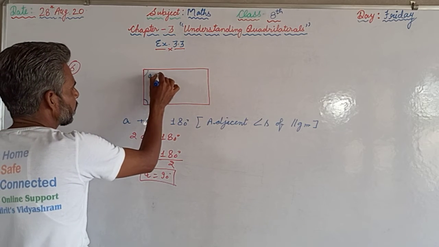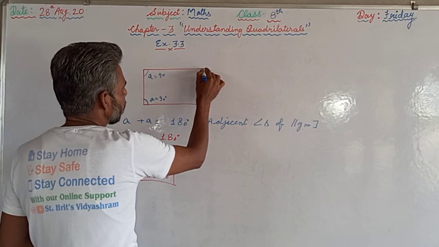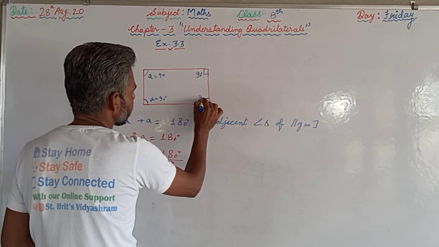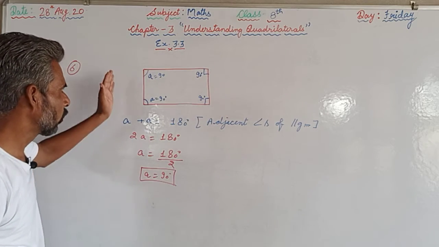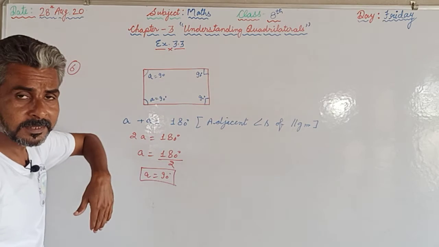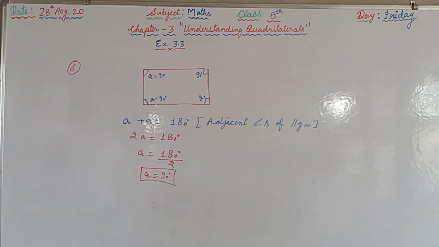So this will be 90, this will be 90, and the opposite angle again 90, and that again 90 degrees. All these angles will be 90 degrees. If it is a parallelogram having all the angles 90 degrees, then the name will be rectangle. So this was question number 6.